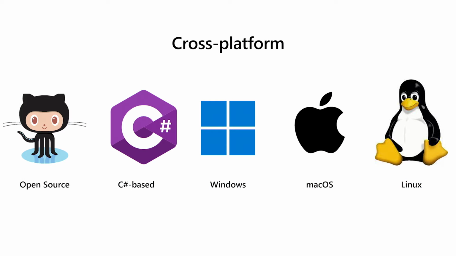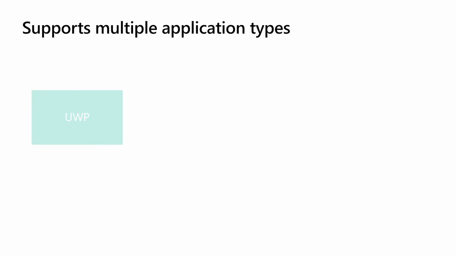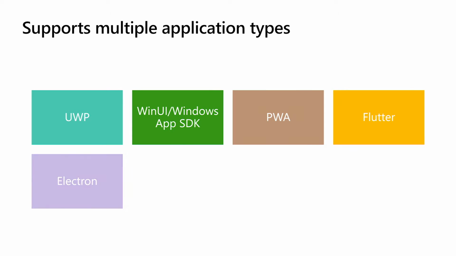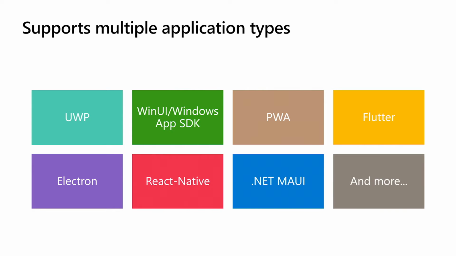It is an open source, C#-based and cross-platform command line app targeting Windows x64 and ARM64, as well as macOS and Linux, which supports a number of commands out of the box. It also supports a wide range of application types like UWPs, PWAs, Flutter, React Native, Windows App SDK apps, .NET MAUI apps, as well as Electron.